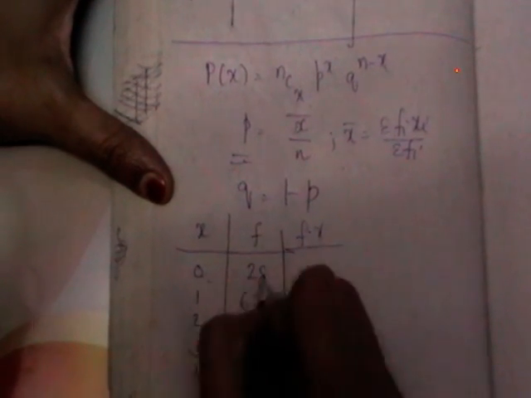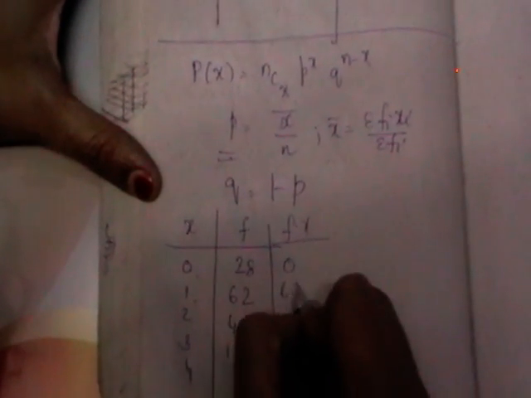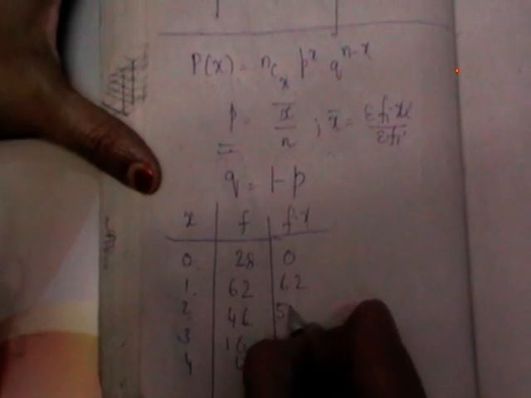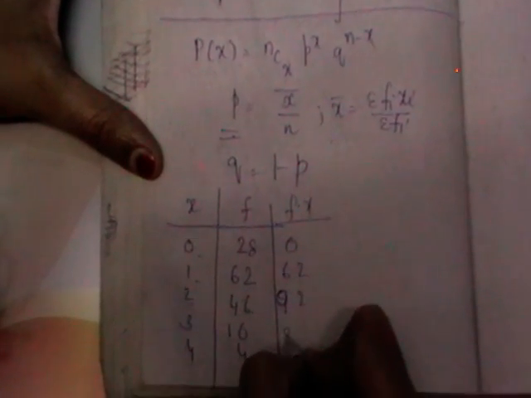This is the given data. So for sigma fi xi, you should multiply these two columns and calculate the fx column: 0 into 28, 1 into 62, 2 into, and so on. By adding this, sigma fx is 200.